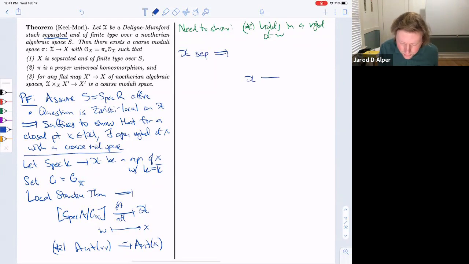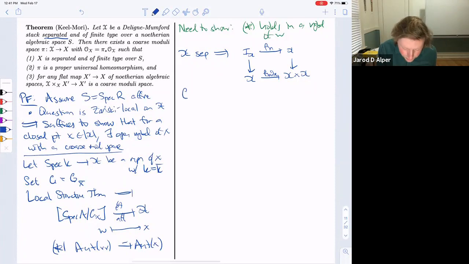It implies that the diagonal, by definition, is proper. Or in this case, because it's Deligne-Mumford, it's finite. And then if we base change by the diagonal again, we get the inertia stack. And so we know this map is finite.